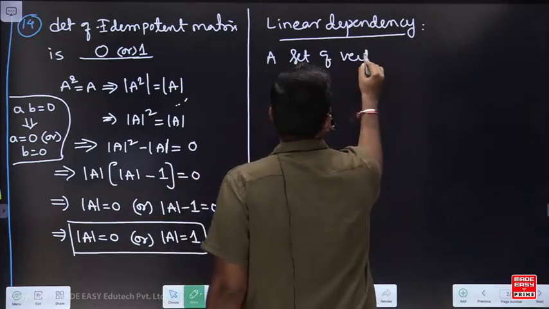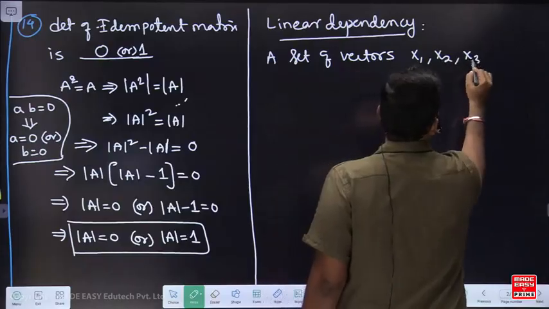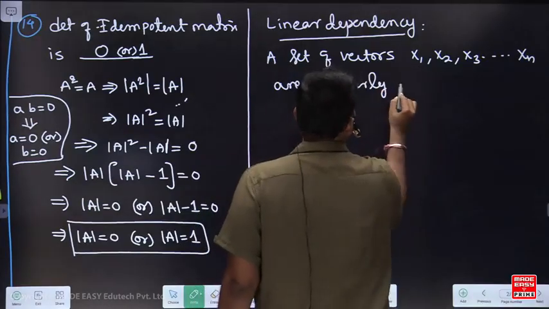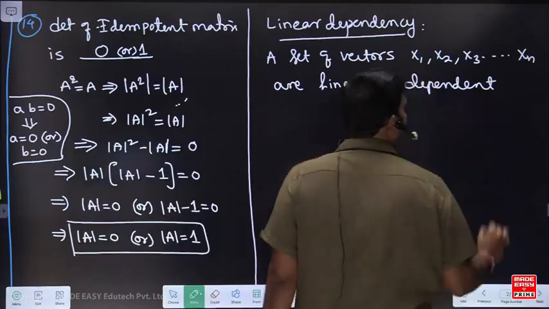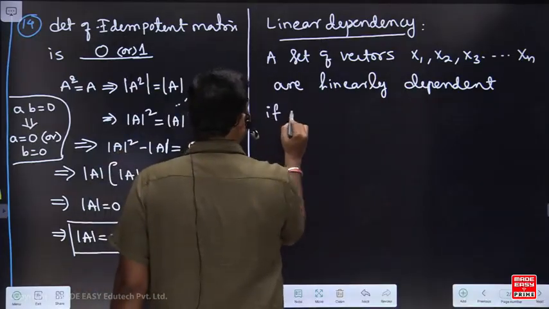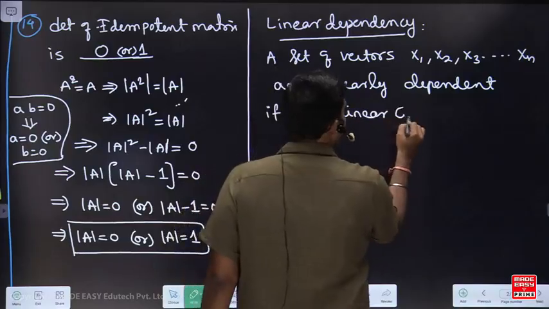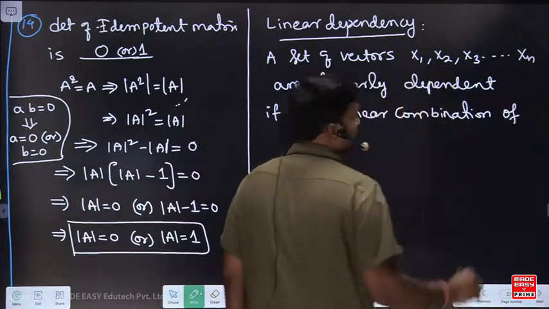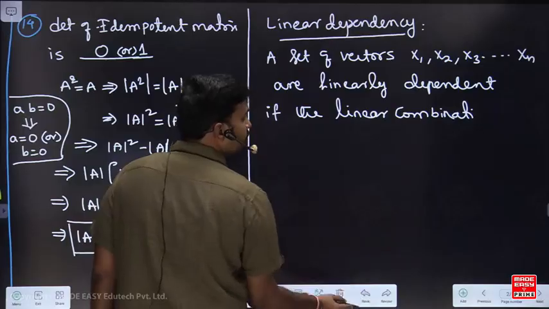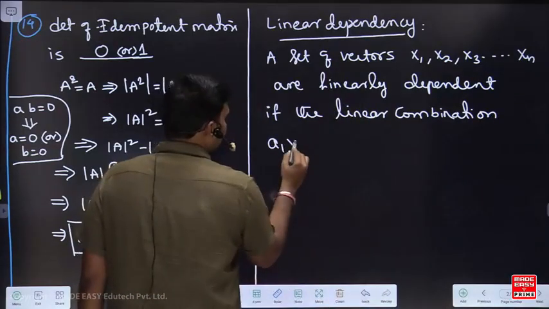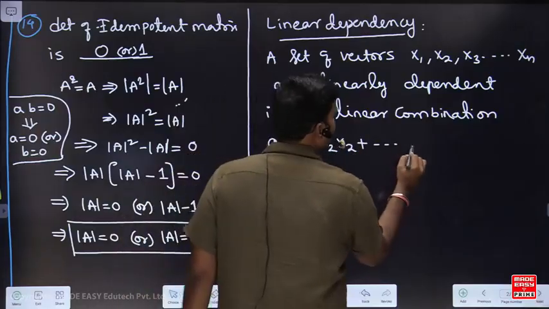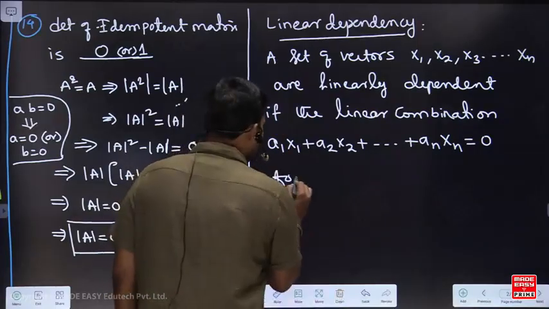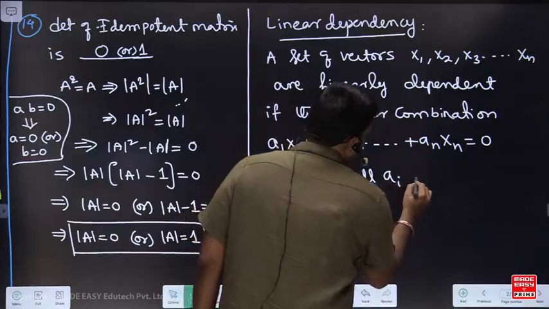A set of vectors x1, x2, x3 and so on up to xn are linearly dependent if the linear combination a1 x1 plus a2 x2 plus and so on an xn is equal to 0 for not all ai equal to 0.